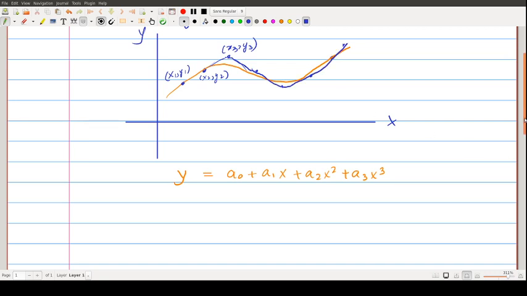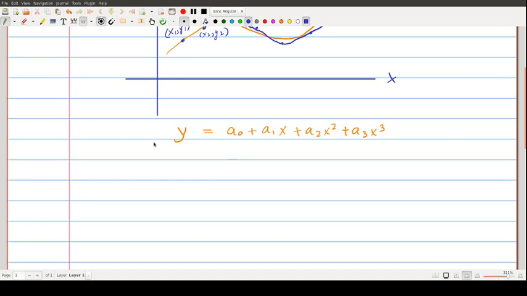So at this point, what I want is to say that y1 should equal a naught plus a1 x1 plus a2 x1 squared plus a3 x1 cubed, right? So notice that these are known.